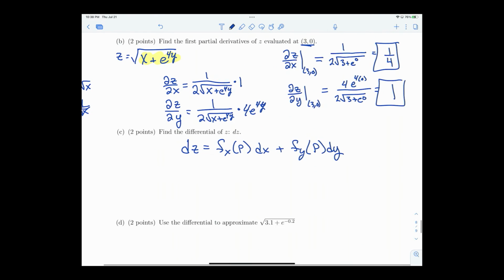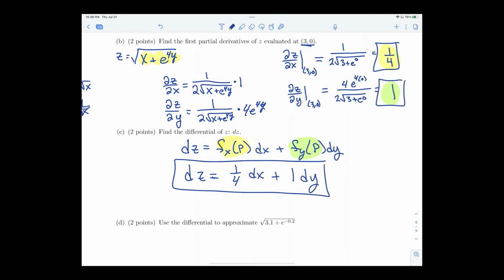And we've just calculated those. So you just write dz is simply 1/4 dx plus 1 dy. And that's your differential.